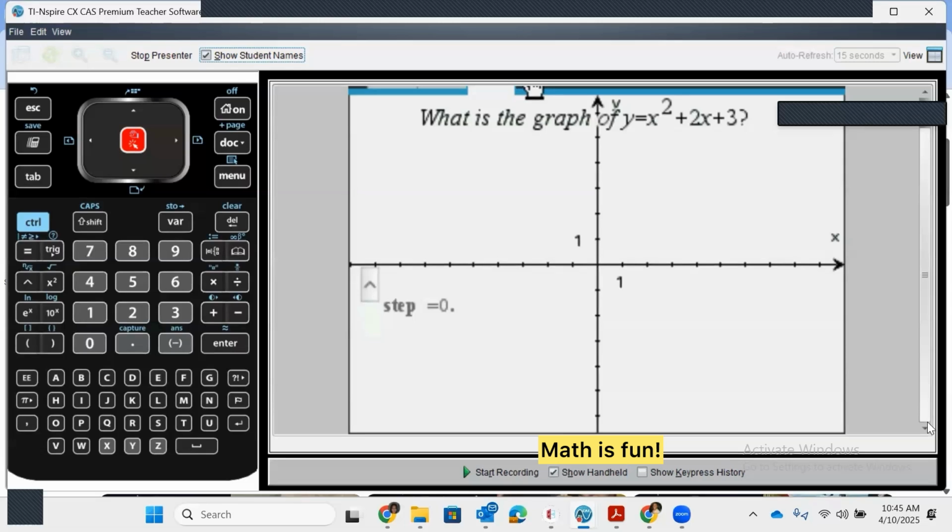Okay? So the axis of symmetry is x equals negative b over 2a. I think that's right. Yeah, negative b over 2a. Okay. So replace the letter b where b is, and replace the letter a. A is 1, so that's pretty easy.